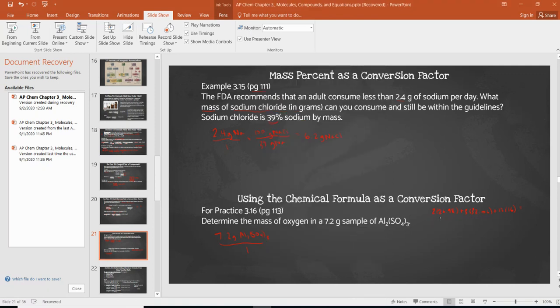53.96. I have to go back to percent. Darn, this is going to be a pain in the behind.